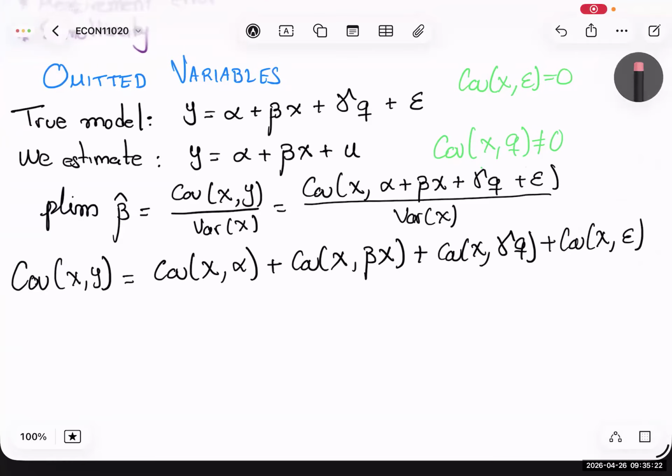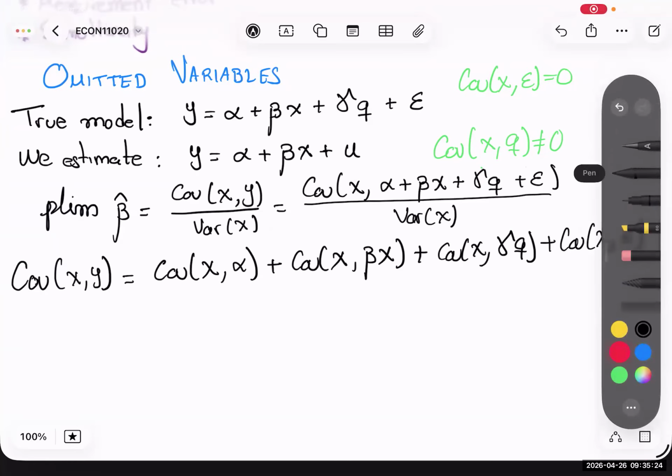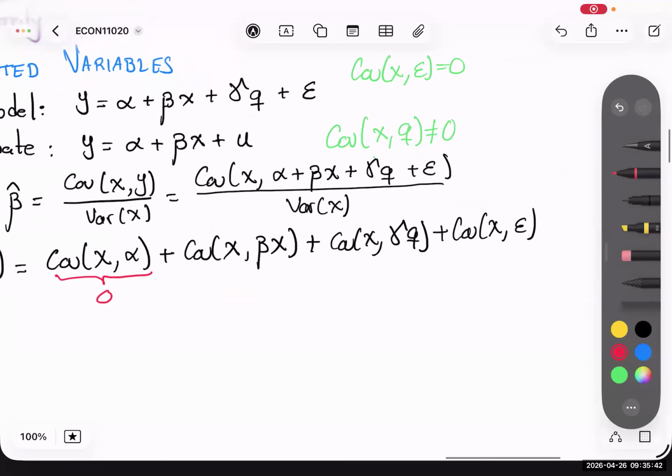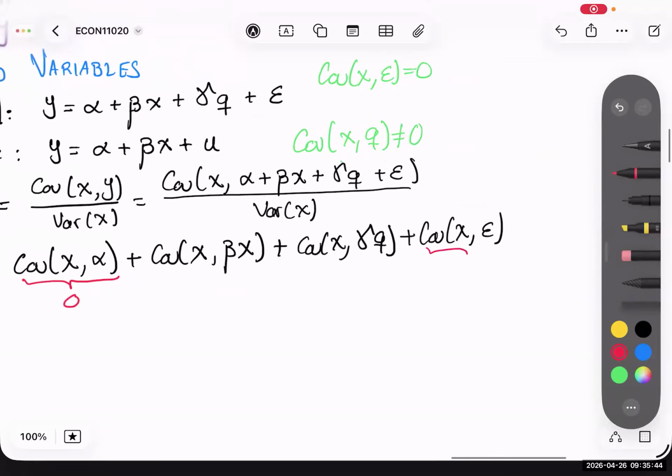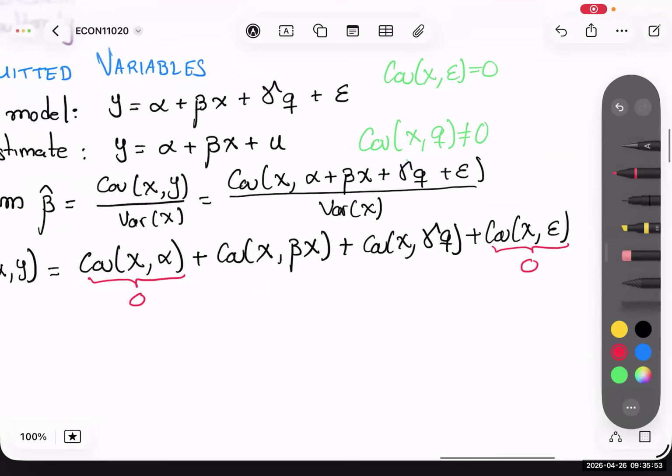And that's something that you already know pretty well at this point. We went over this during the review session. This is 0 because the covariance between a random variable and a real number or a constant is 0. There is no association. That makes sense. The other one that is 0 is this one, right? We mentioned that here. That's because for the true model, there's no violation of the orthogonality assumption.